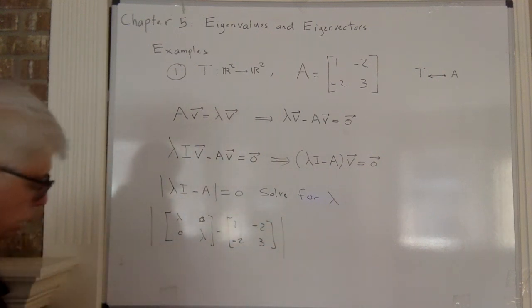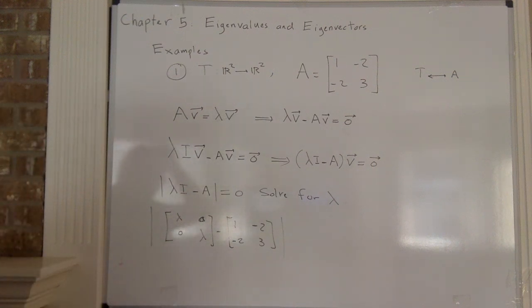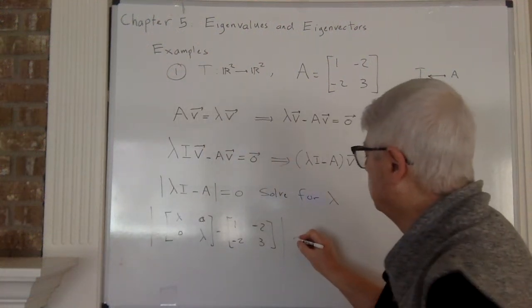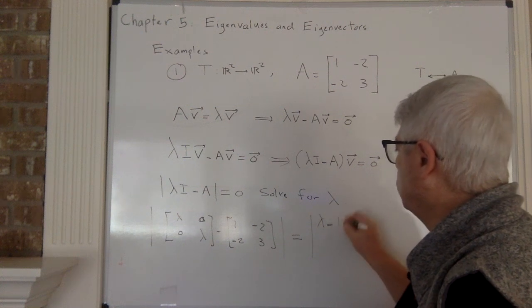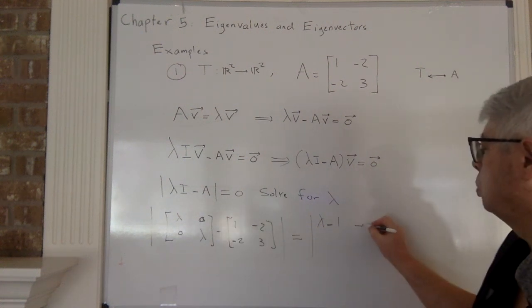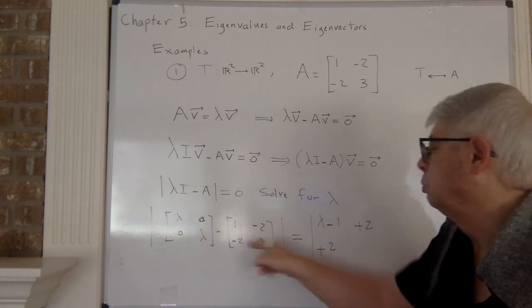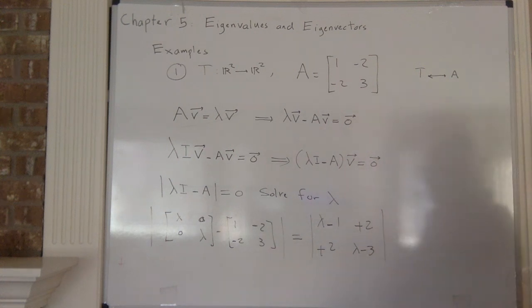As you see, the diagonal terms are all lambda. So when you subtract, you will get the determinant of lambda minus 1, 0 minus 2 is plus 2, 0 minus 2 is plus 2, and lambda minus 3, equals 0.